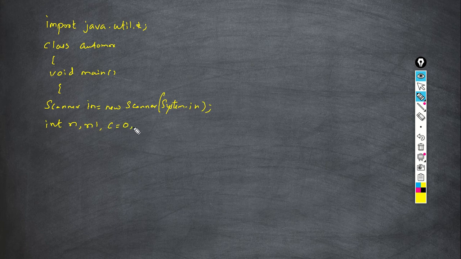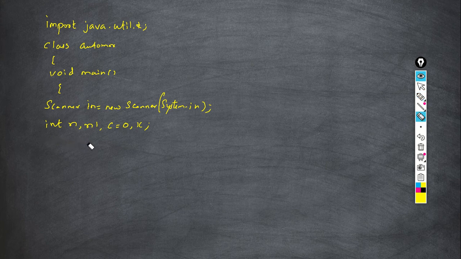Then I have one more variable called x. Let us go with all these variables. So here, how do I write it? First of all, I write n1 is equal to n. I'm storing this variable. But before that, I have to take the input of n.